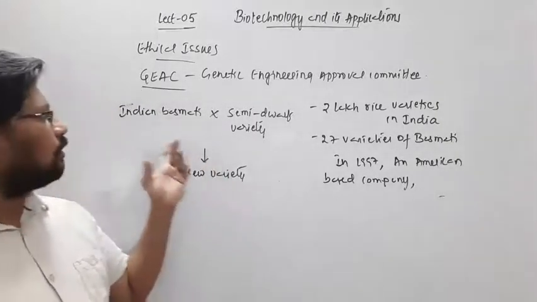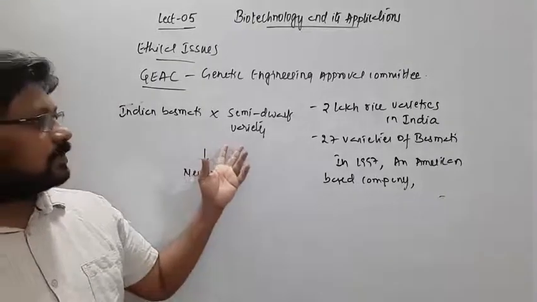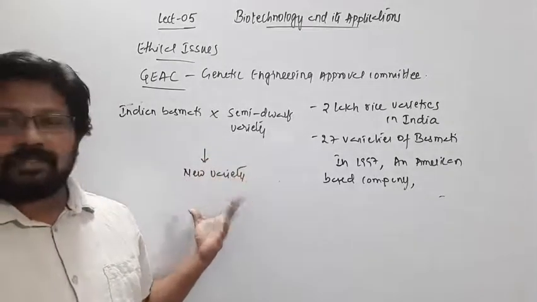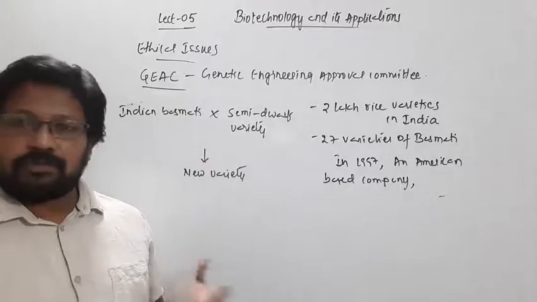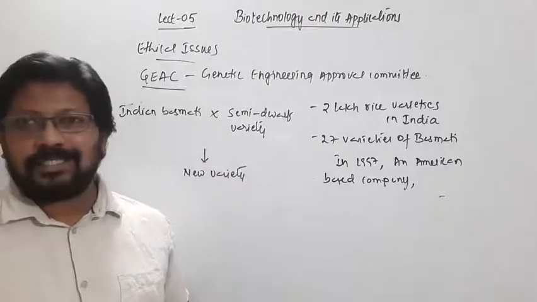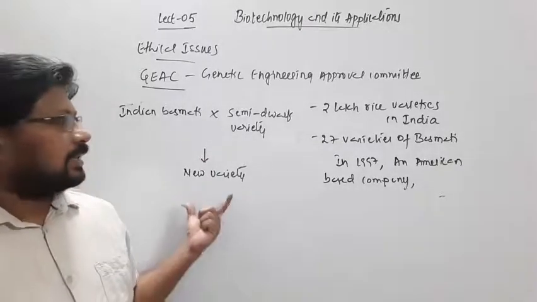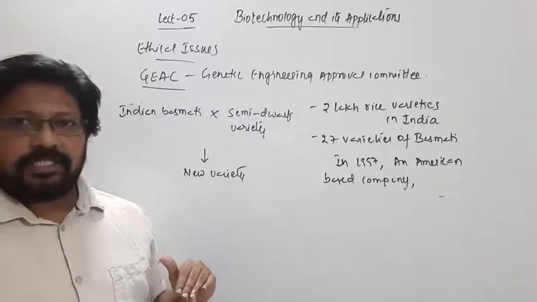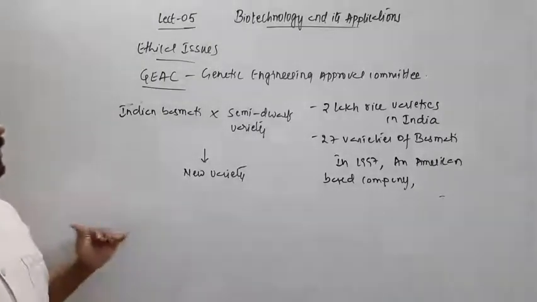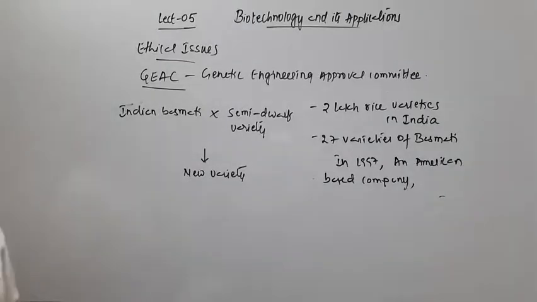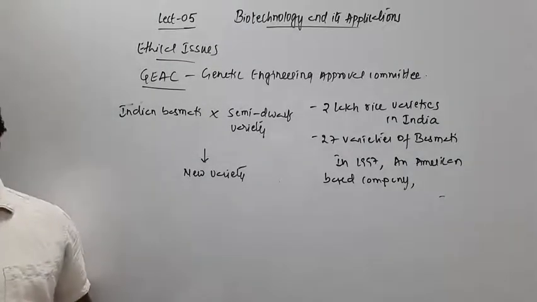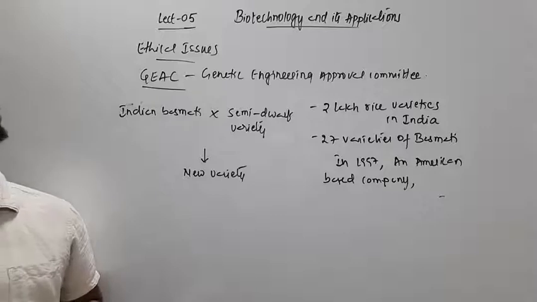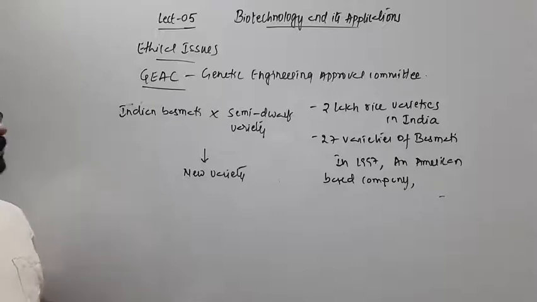When they said Indian basmati crossed with semi dwarf is a new variety, it was already existing in India. All these patents have now been cancelled, but a certain kind of biopiracy can take place in future also. Hence we need to control this biopiracy.